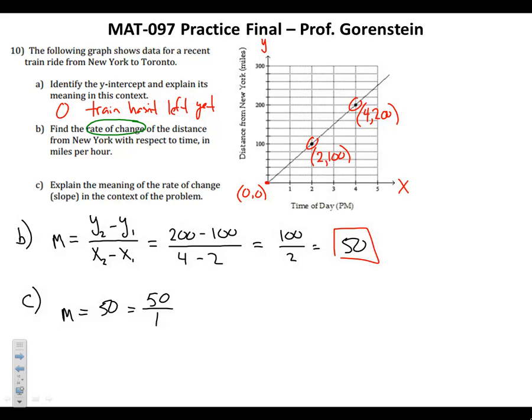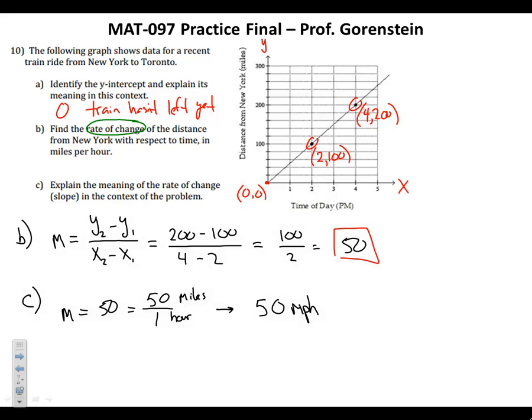So the numerator is distance traveled, so that's 50 miles. And the denominator is hours, so that's 1 hour, or hours after noon. So 50 miles per every 1 hour. And we could say the train is traveling at 50 miles per hour.